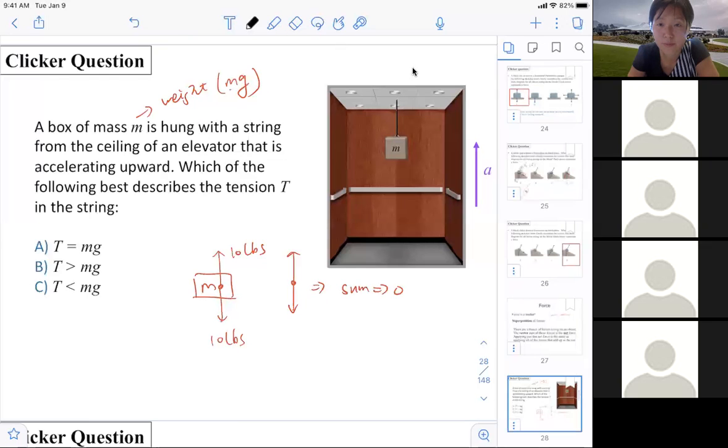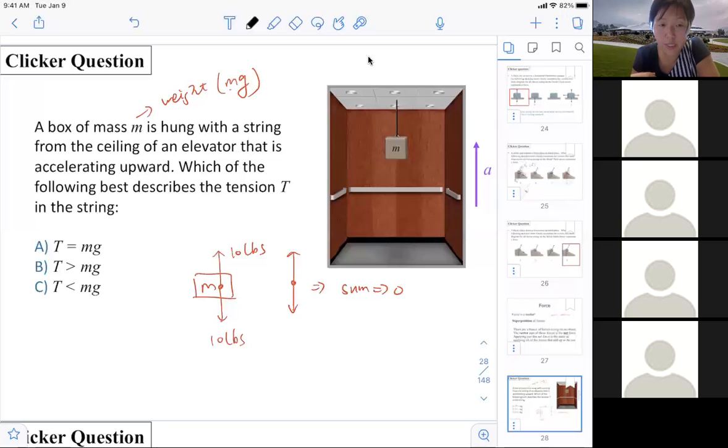All objects will stay with the same motion unless an outside force acts on them, and that ability to resist changing movement is an object's mass. Very good, thank you, that's excellent. An object at rest will stay at rest. An object that's already in motion will remain in that same motion, meaning the velocity will remain the same in direction and magnitude, unless an unbalanced force is acting on it.